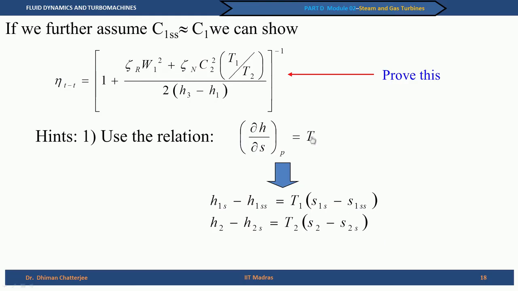That is coming directly from this relationship, and once you use the definitions of zeta r, zeta n, you should be able to get an expression of total efficiency in terms of zeta r and zeta n.